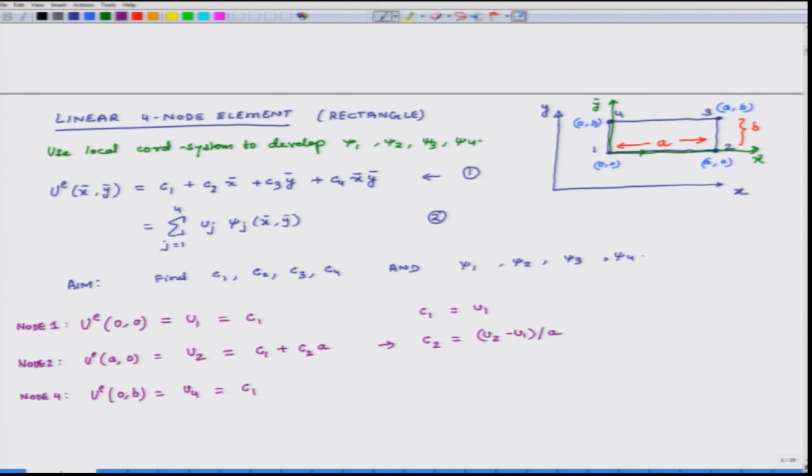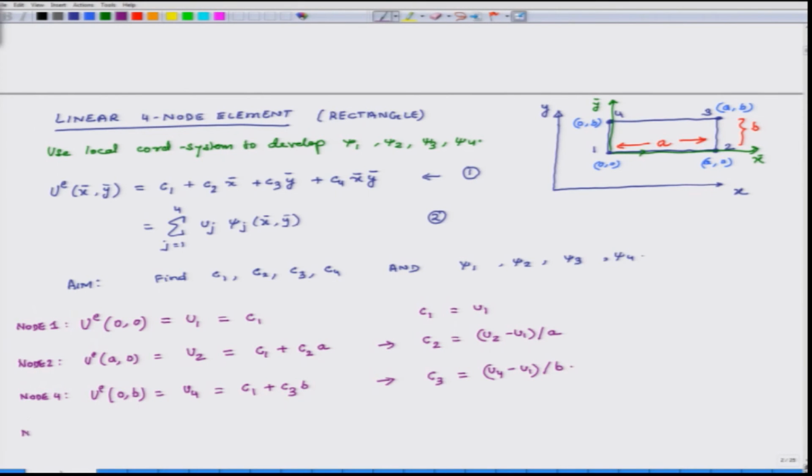So, the C2 term will not exist and the C4 term will not exist. So, what we get is C1 plus C3 times B. So, this gives me C3 equals U4 minus U1 divided by B.